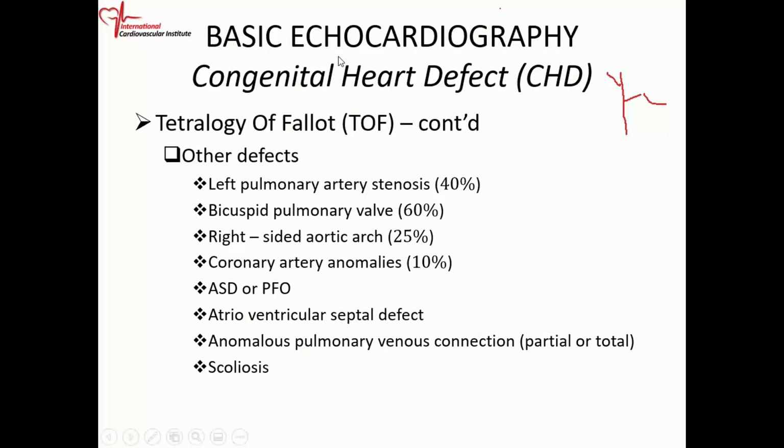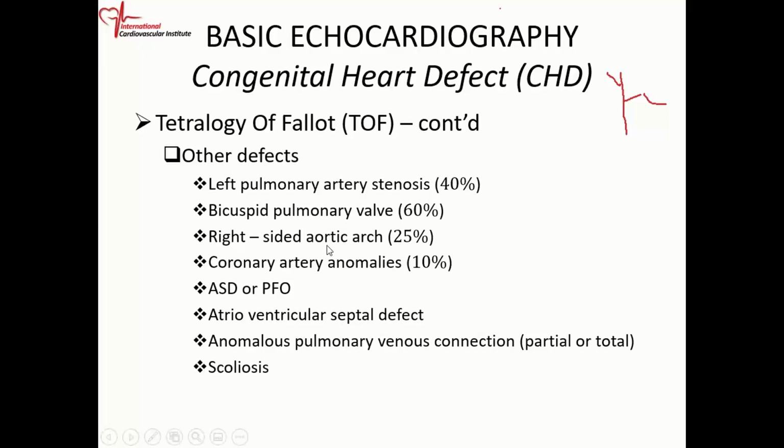So left pulmonary artery stenosis, because the right ventricular outflow tract is stenotic and it can extend down into the branches. You can have bicuspid pulmonary valve. Remember the pulmonary valve is supposed to be tricuspid. So you can have a bicuspid pulmonary valve in 60% of patients.